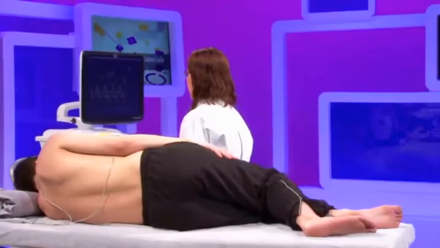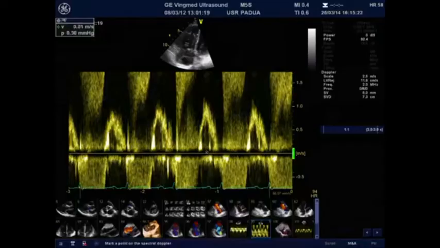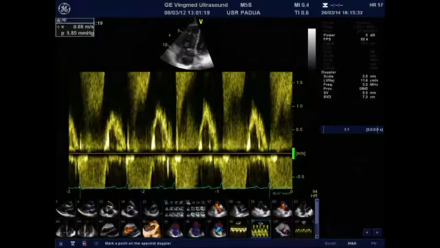However, I would underline the fact that when the patient is tachycardic, like in this case, you see the heart rate is 94, it is not a reliable parameter, because with the fusion between E and A waves, the velocity is no longer reliable.